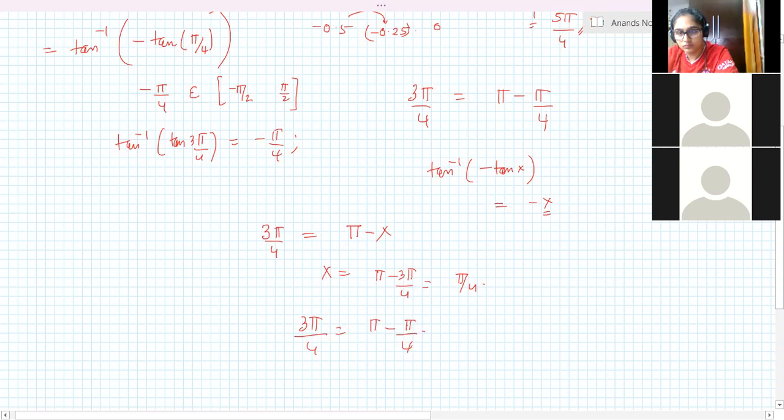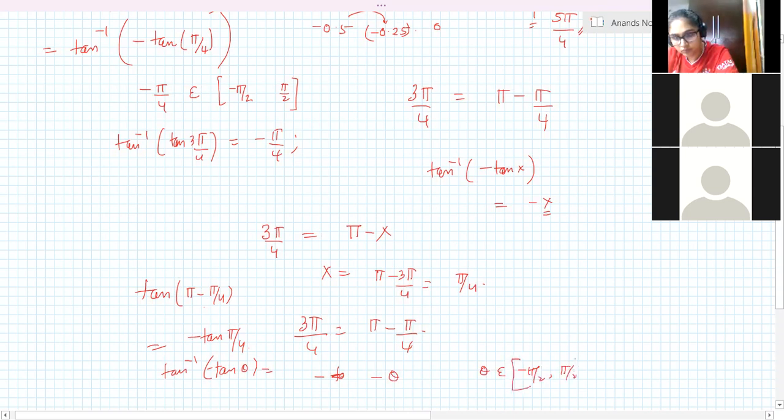Why do you do that? Because then when you do the tan of that, tan of 180 minus theta, you will get minus tan theta. And tan inverse of minus tan theta is equal to minus theta, provided that theta belongs to minus pi by 2 to pi by 2.